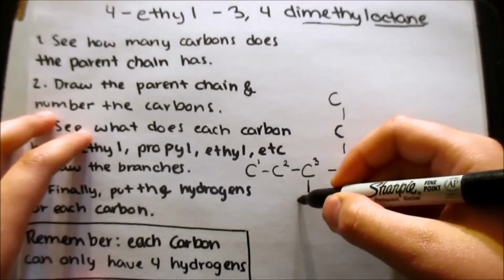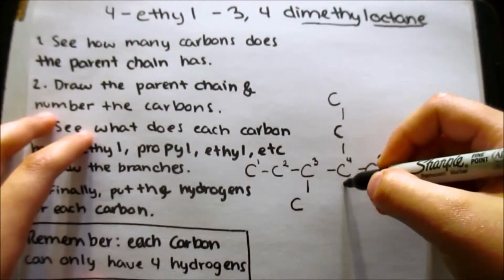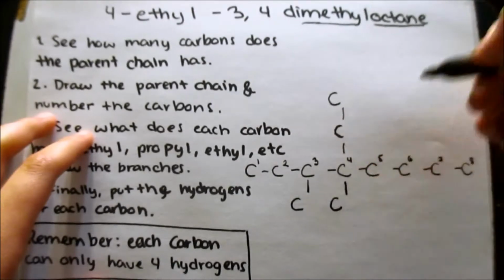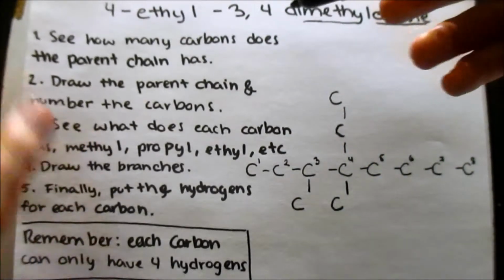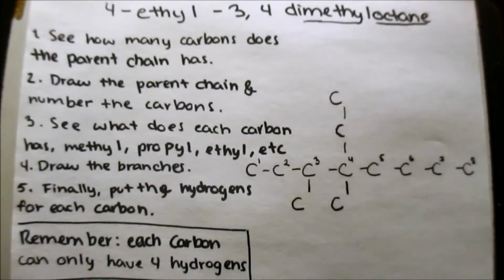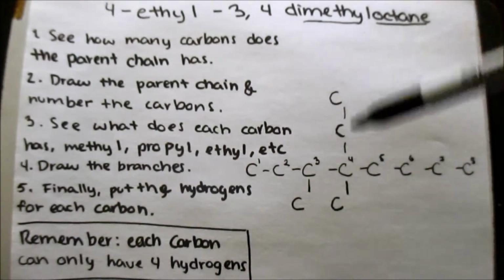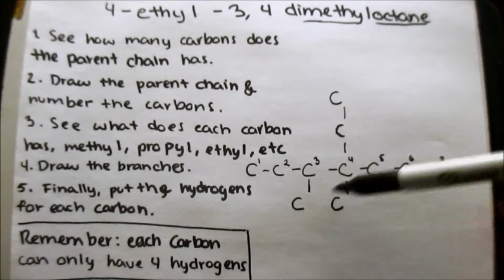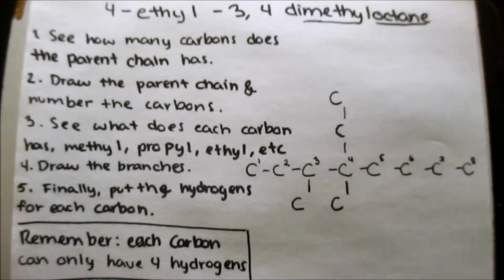So carbon number 3 methyl, carbon number 4 methyl. This dimethyl, di, means 2. We have 2 methyls in the whole molecule.